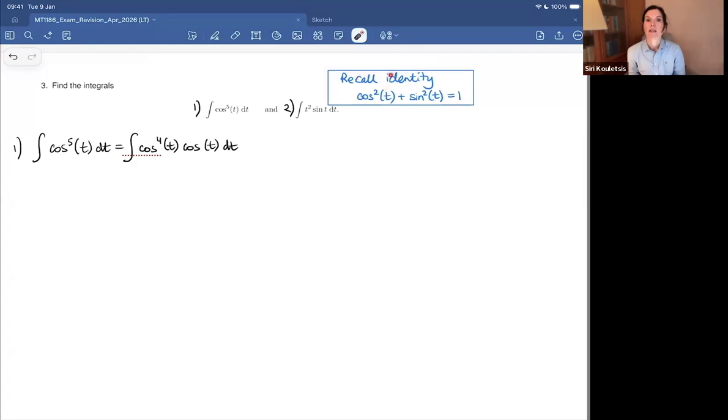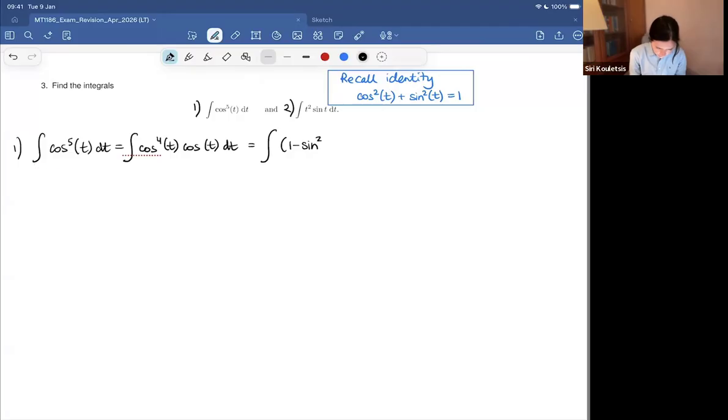So now rewrite cosine t squared as 1 minus sine t squared, and plug that in here. So as we said, cosine t squared is 1 minus sine t squared, rearranging the above identity, and then we square that again. This is cosine t to the power of 4, times cos t here.